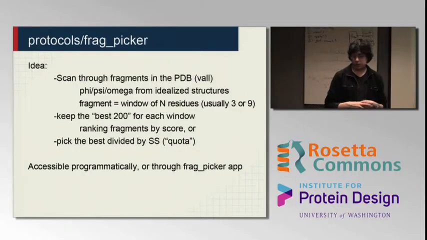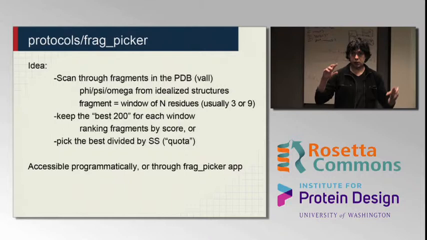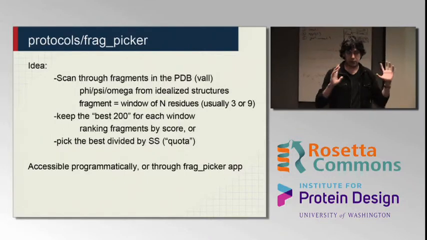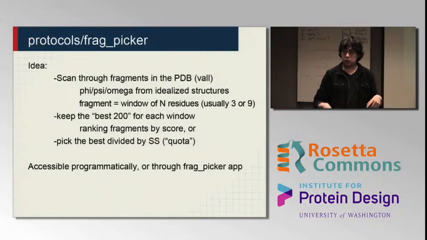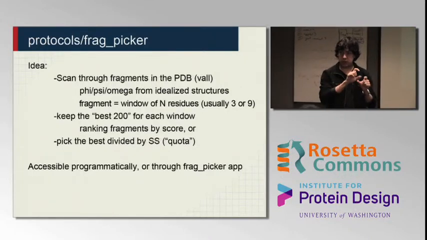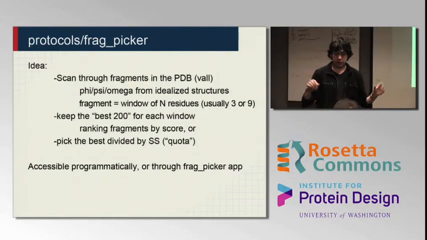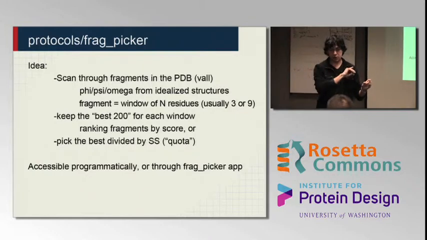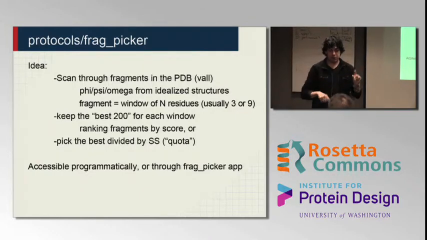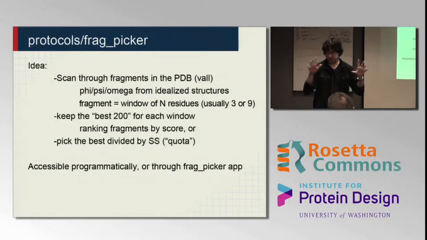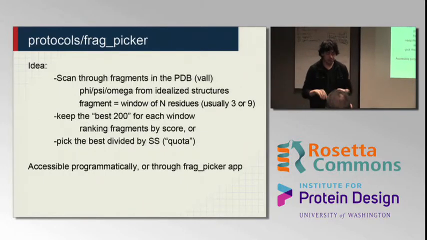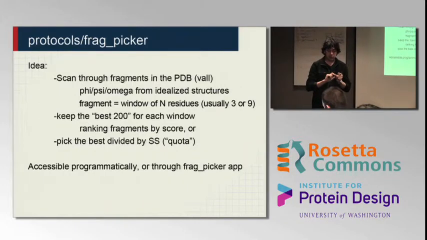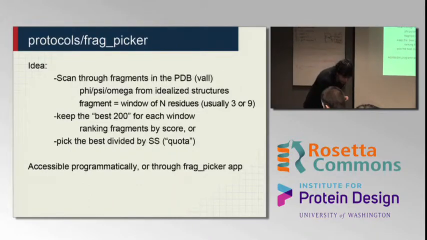So we are going to have some method in which we compare the sequence of the protein that we want to fold to the fragments in the database, and we are going to choose the best ones for each window of the protein. So if you have a protein of size 9, you will choose 9 minus 3 minus 1 fragments of size 3 and 1 fragment of size 9. This is a hypothetical case. And what you will try to do after that is to assemble them.